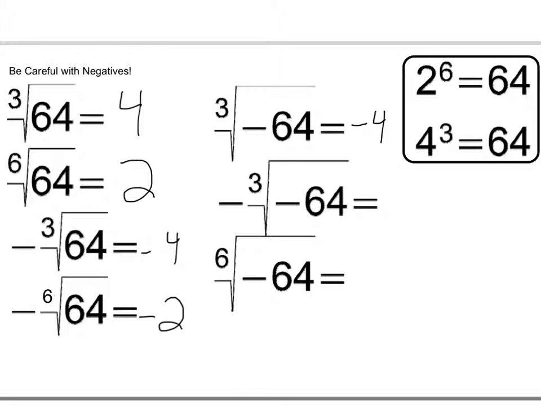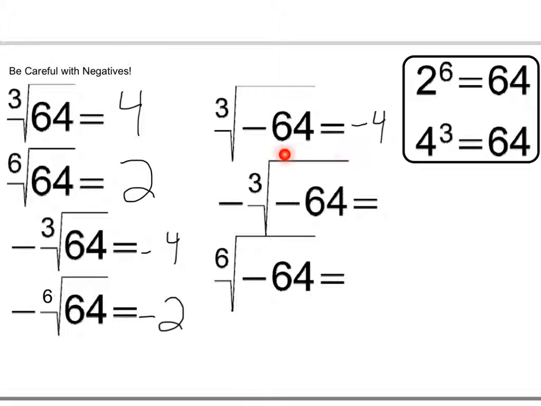The next example is almost identical, but there's also a negative on the outside. One thing you're going to be tempted to do is try to cancel these negatives out. Don't do it. You're not allowed to cancel out something that's outside the radical and something that's inside the radical. Don't think about it as a fraction bar that allows you to do something like that.